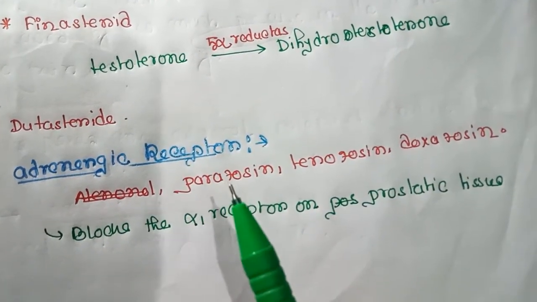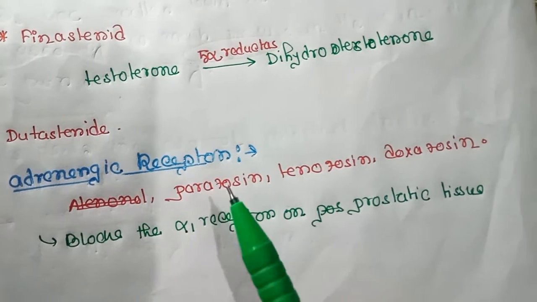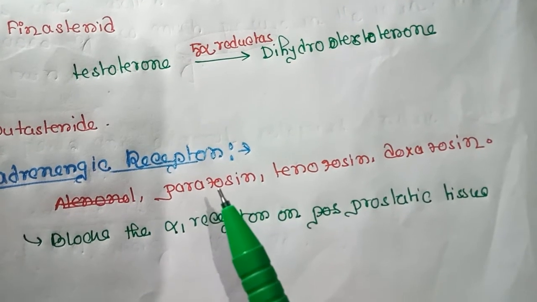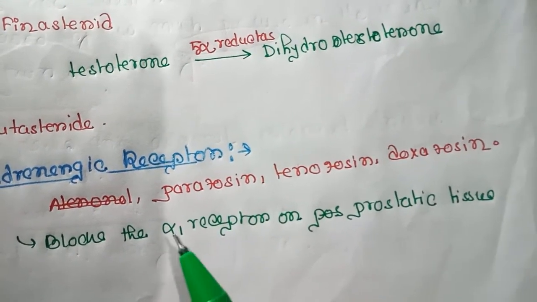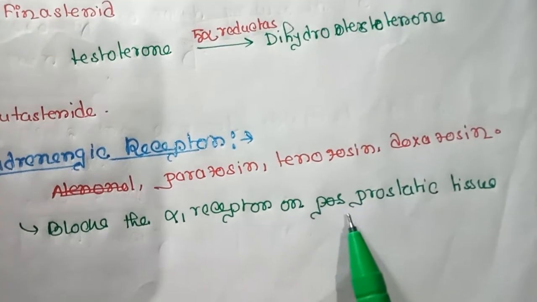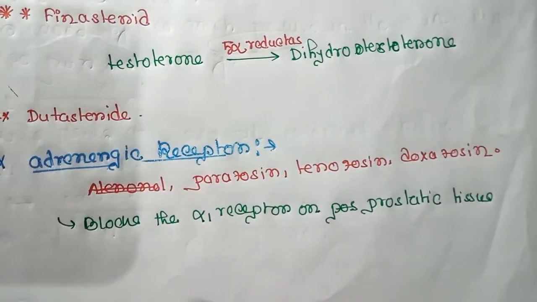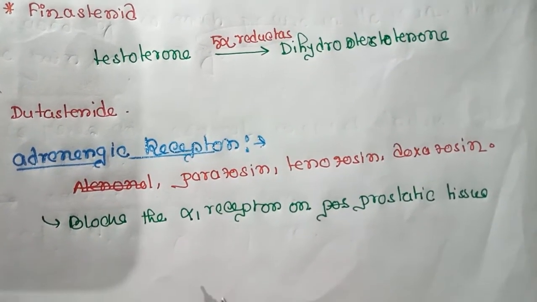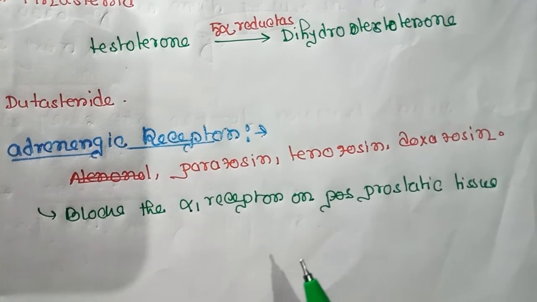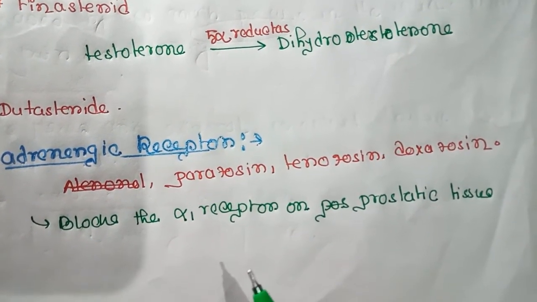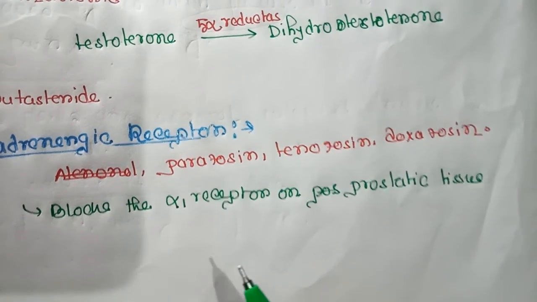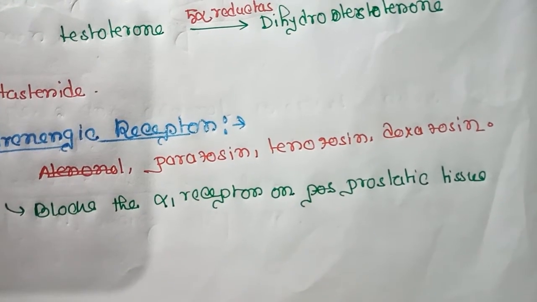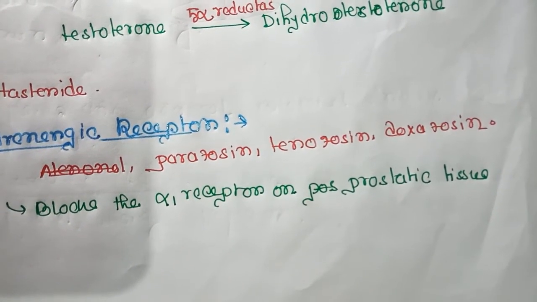Alpha adrenergic receptor blockers are another drug treatment option for benign prostatic hyperplasia. These agents selectively block alpha receptors on prostatic tissue. Although alpha adrenergic blockers are commonly used for treatment of hypertension, these drugs promote smooth muscle relaxation in the prostate and facilitate urine flow through the urethra.